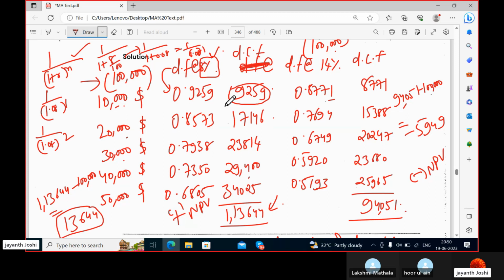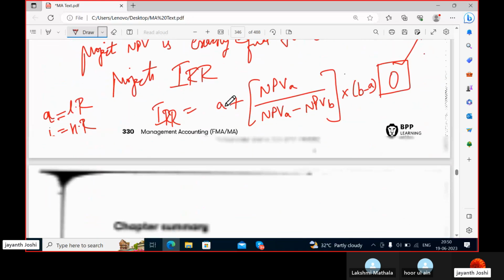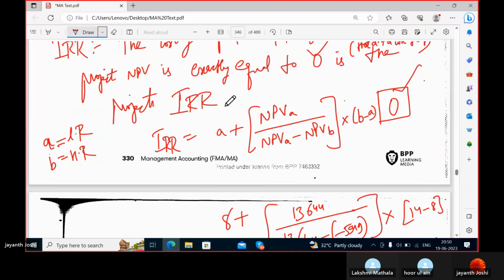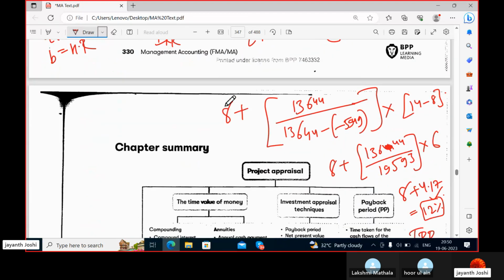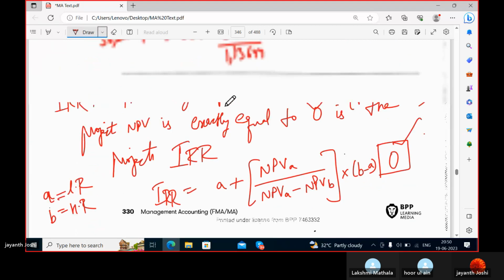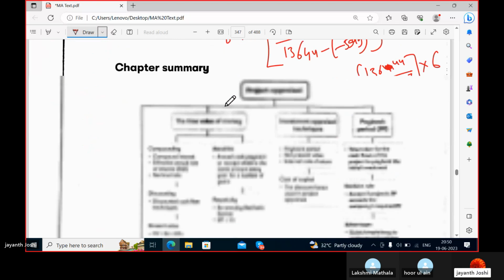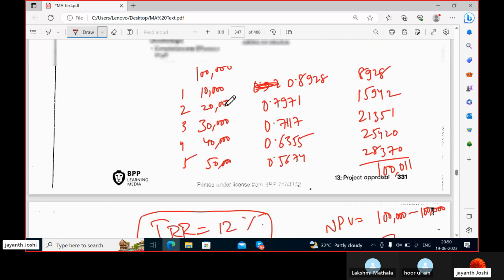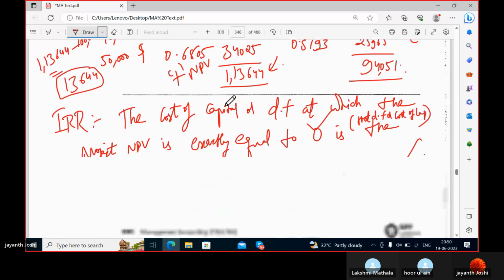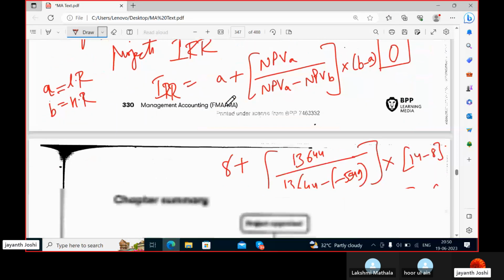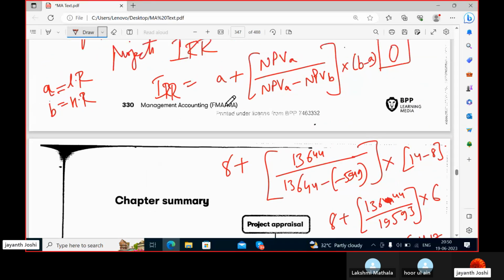Yes, sir, done. Okay, see this proof as well. Okay, the formula, have you done this formula as well? The calculation part. No, sir. Okay, do this. And afterwards we will go for the proof part.